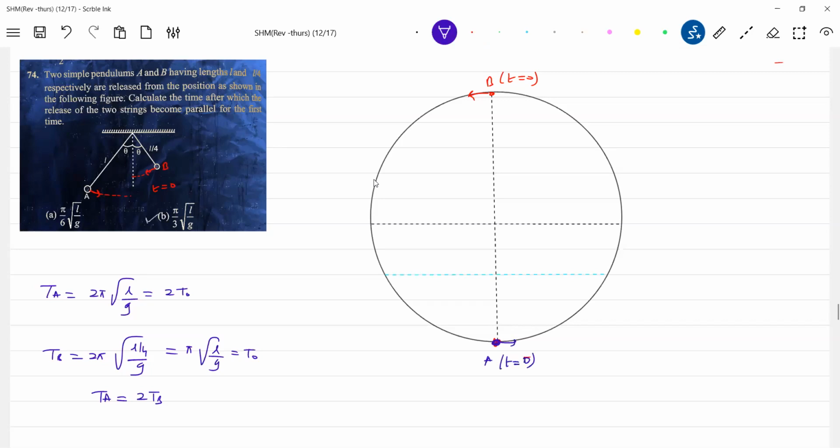These are very, very important and popular problems. Everyone must think on this. After some time t, A will be here, and B will be here. So they have crossed each other.